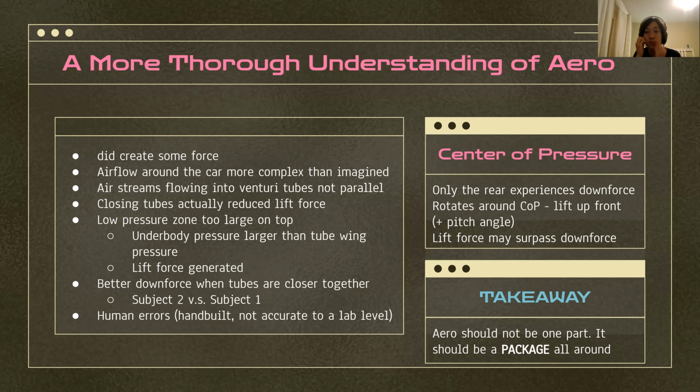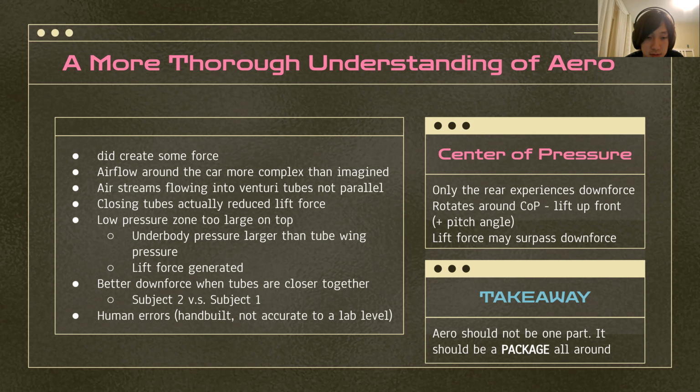Speaking of this low pressure zone, one of my theories on why this did not work is that the tubes are creating so much low pressure on the top of the car, underneath the wing, that the pressure there is actually getting lower than the underbody's pressure. So it actually pushes the car up from the bottom. So that's one of my theories on why it didn't work.